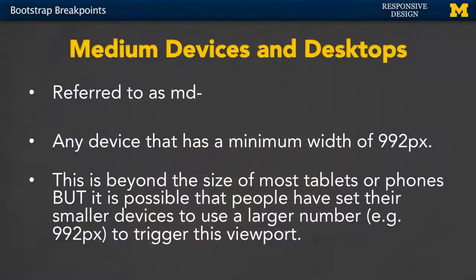And what I mean by hard codes is it picks a number and this is what we're going to stick with. Now, 992 is beyond the size of most tablets or phones, but there's something I want you to realize. It's possible that if someone's on a smaller device, but they magnify their screen, it could end up triggering this viewport. So if somebody's on a small screen, but they might be using the style sheet of a larger screen. And we're going to talk about how we can deal with this a little bit later.